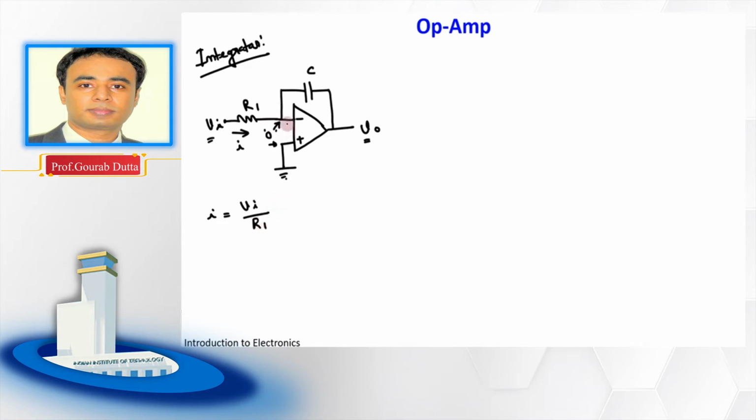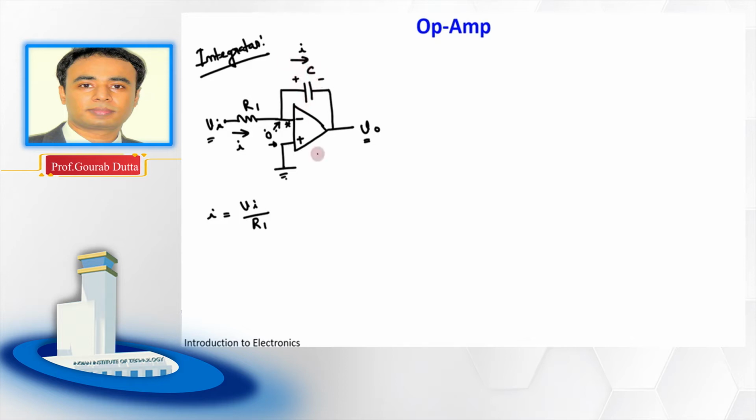Now we know no current can go into or out of this op-amp input terminal, so no current here. So this same current I has to flow through this capacitor. If the current is flowing through this capacitor, then what will be the voltage developed across it?